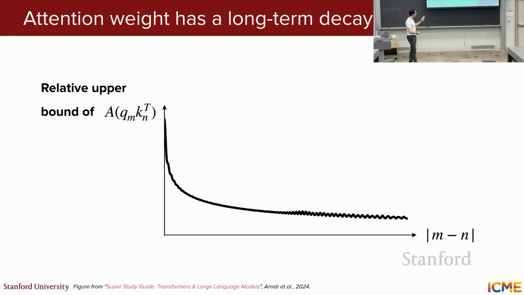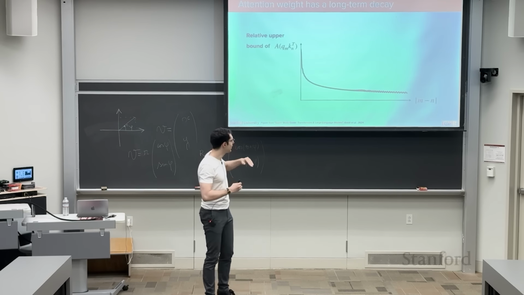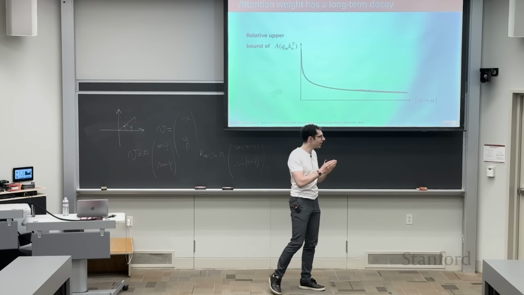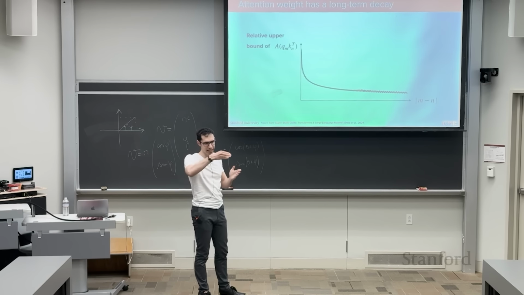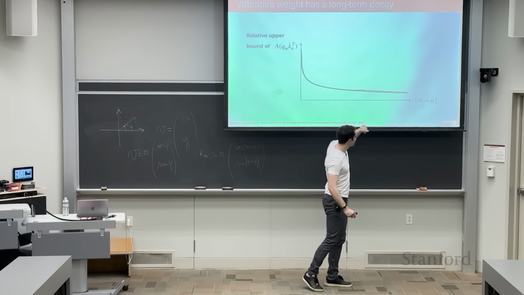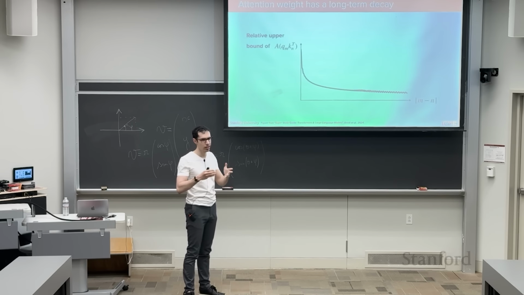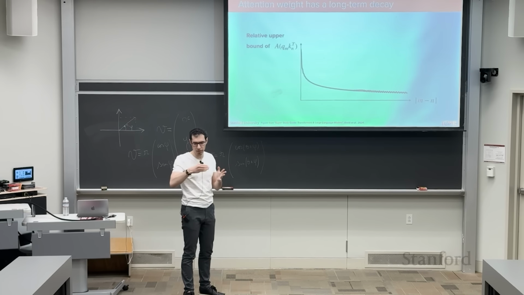It also turns out that the upper bound of the attention weight given by the query and the key is such that we observe a long-term decay. Meaning that as n minus m is large, the upper bound gets smaller and smaller. You see these little oscillations, so it's not perfect either, but we do have some mathematical results showing the upper bounds decaying over the long term.